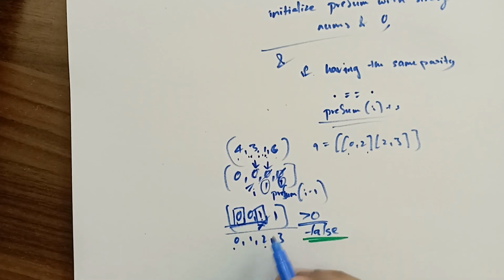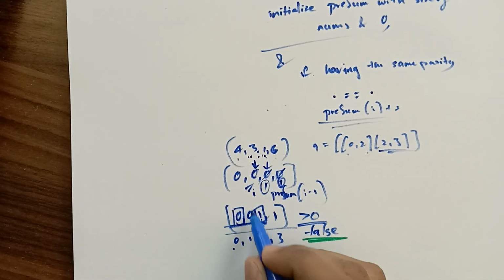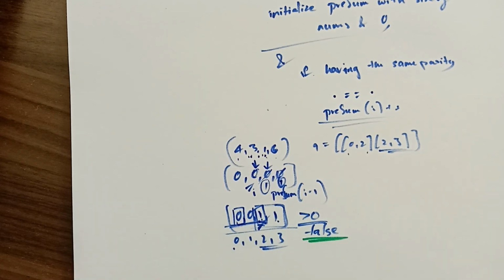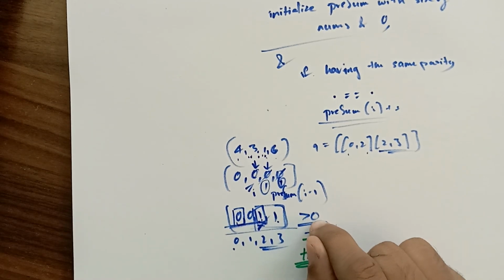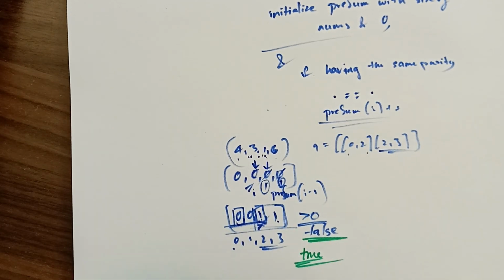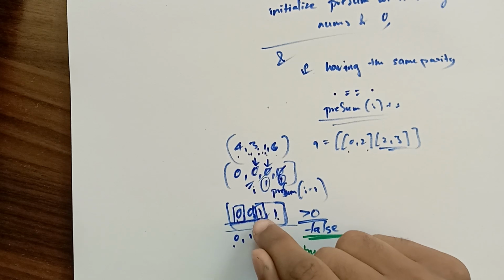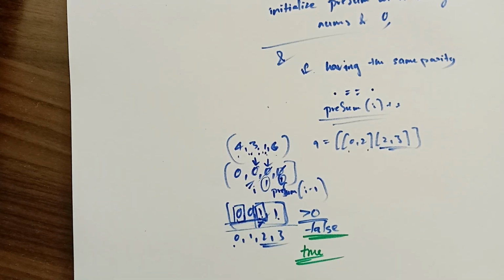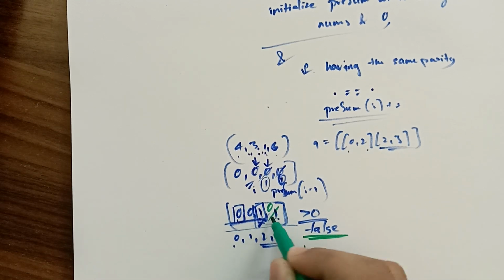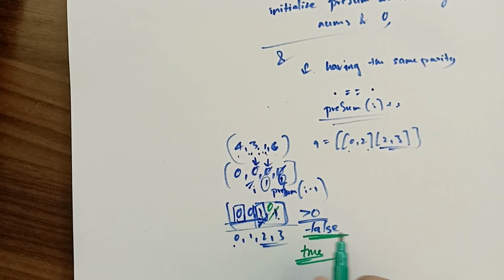But take the other example, 2 to 3. So here it is having 1 and 1. If you take this difference, it will be equal to 0, and even if it is less than 0, we will be considering it as true. Why? Because if you take 0 here, 0 minus 1 will be minus 1.